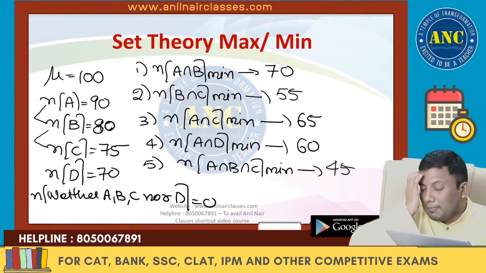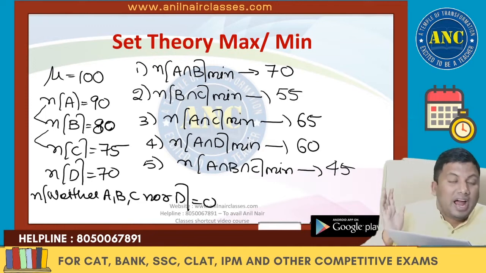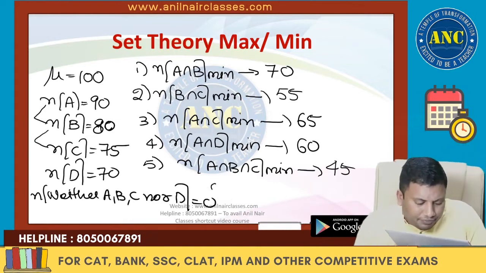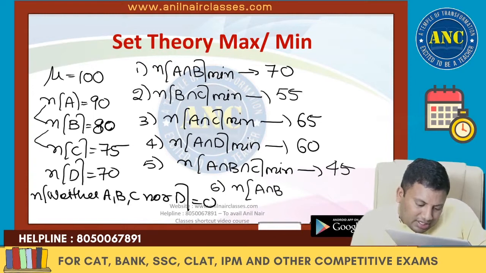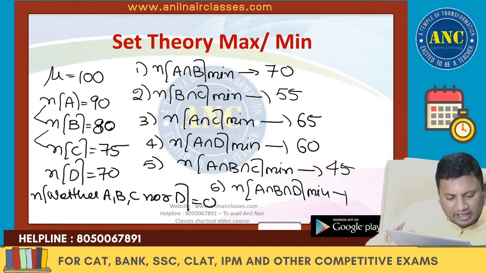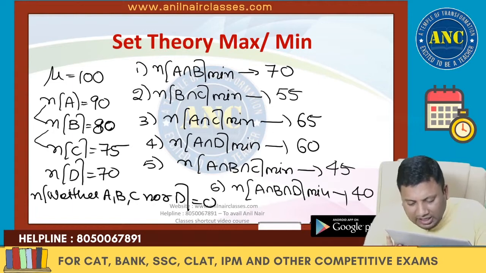I have seen some books, some CAT papers where they are solving a full page and the teachers are telling please skip this question. Why skip a question which can be solved in seconds? Next one, N of A intersection B intersection D. A, B, I got 70. 70, 70, 140. 140, 100, it is 40.